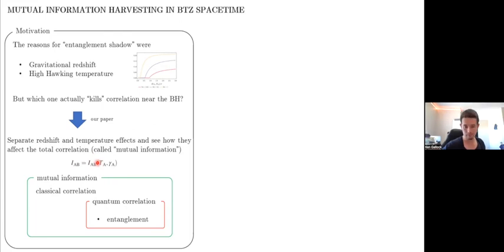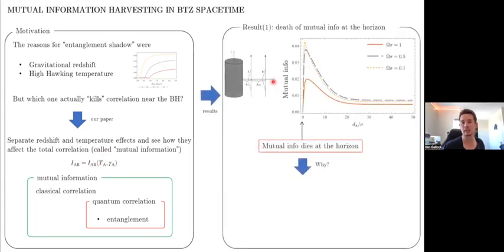First of all, let's look at how mutual information behaves outside the event horizon. Again, I put this diagram of two detectors outside the event horizon. If you plot mutual information here, you can see that the correlation dies near the event horizon.